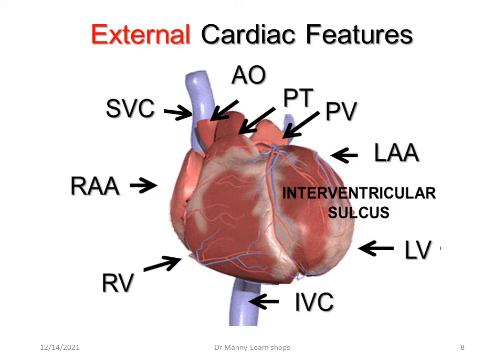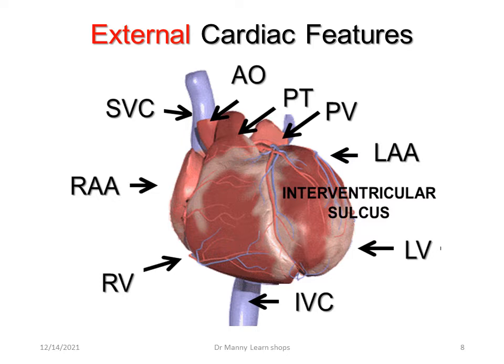And then blood is pumped to the PT, the pulmonary trunk, and to the lungs. It returns to the left side of the heart via the PV, the pulmonary veins, of which there are 4. This now allows blood to return to the left atrial appendage, the left atrium, which goes through the mitral valve into the left ventricle and then is pumped through the aortic valve into the AO, the ascending aorta.